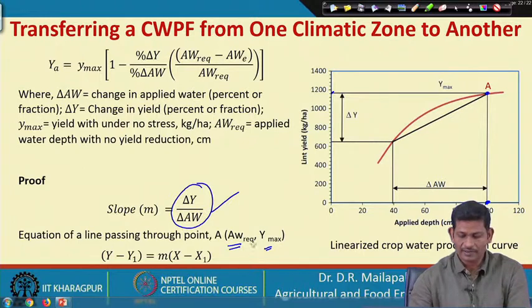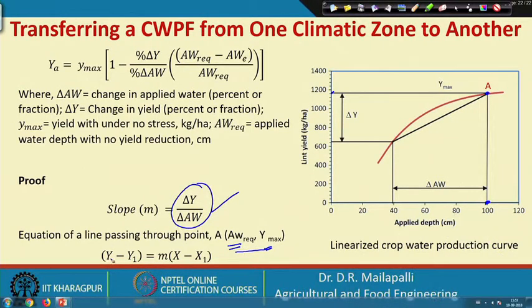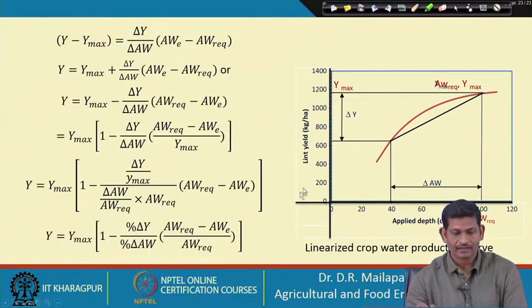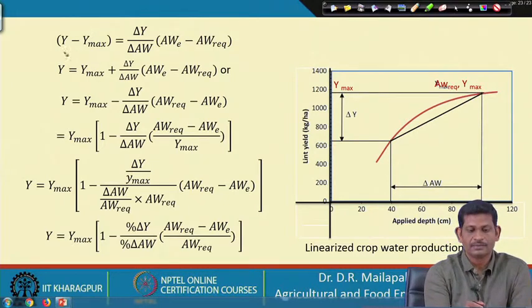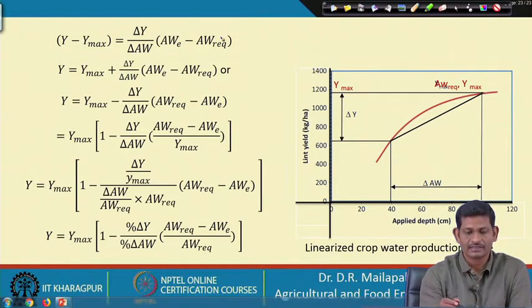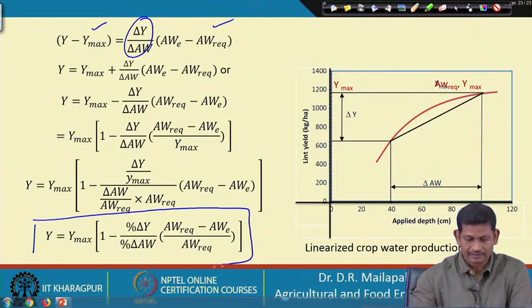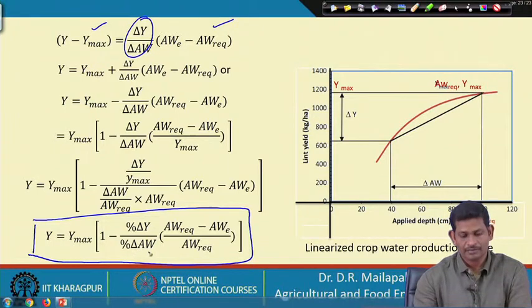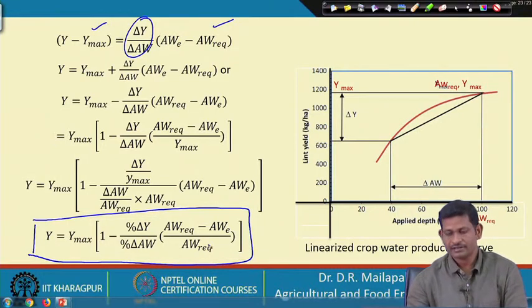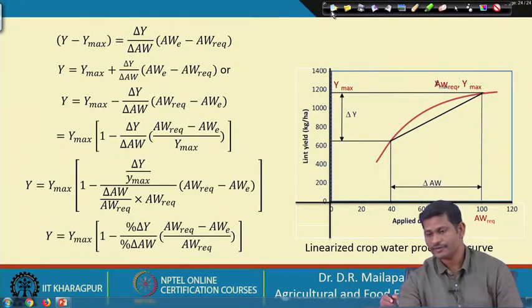Knowing the slope and a point, substitute into the line equation, y minus y1 equals m into x minus x1, then simplify. Finally you get Ya equals Ymax times 1 minus percentage delta Y by percentage delta AW into AW required minus AWE by AW required. These are easy steps.